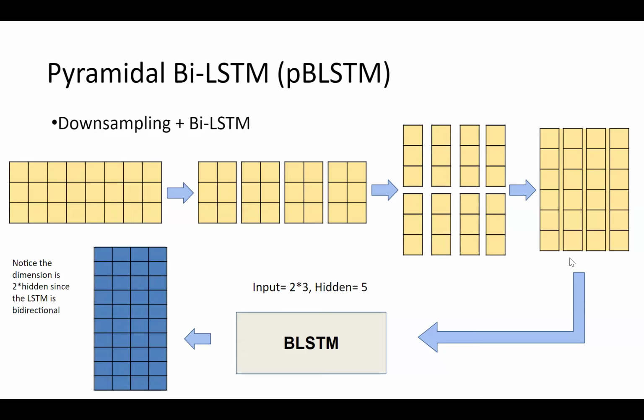Then we feed this modified input to the bi-LSTM layer. For example, if the hidden size we consider is 5, since it's a bi-LSTM, you will get an output which is twice the hidden size. In our case, hidden size is 5, so our output would be 10 channels.